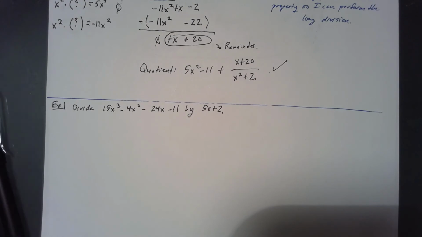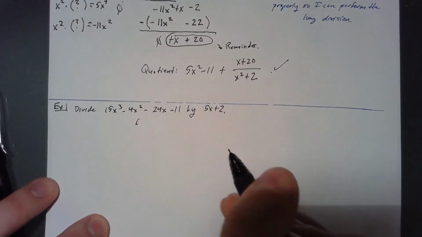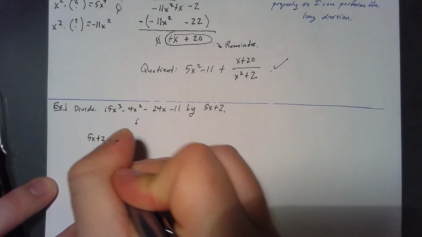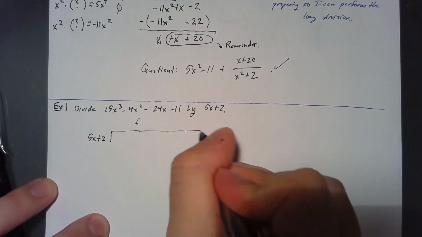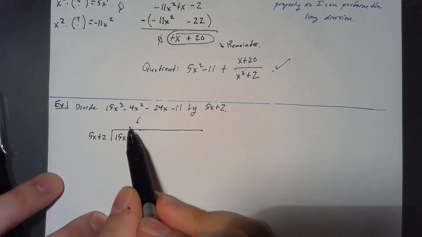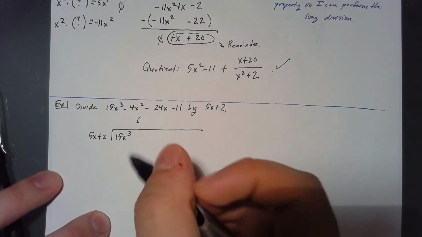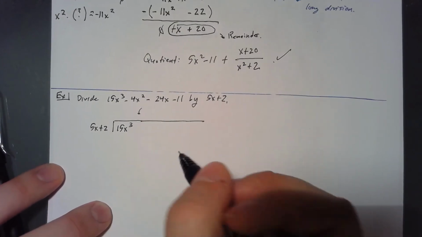All right, so let's set that up. 5x plus 2 goes into 15x cubed. So look at the powers. I have x cubed, x squared, x, and a constant. So I don't have to put a placeholder here because all the powers are accounted for.